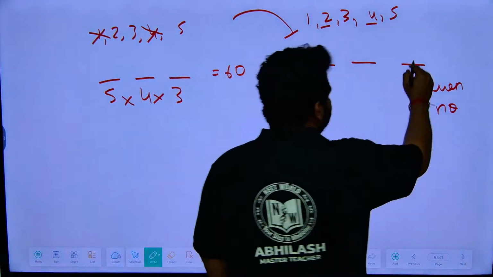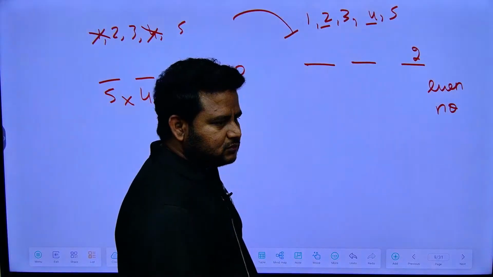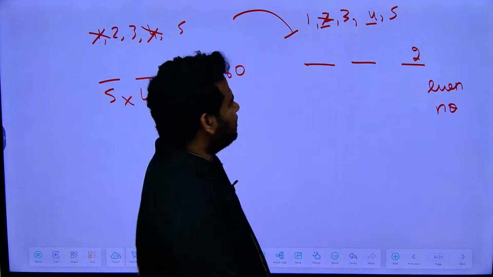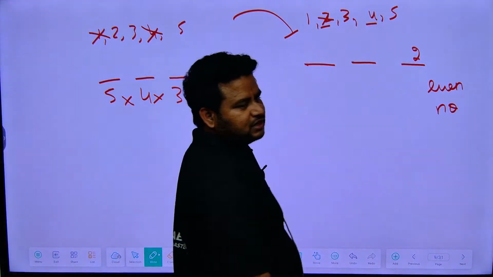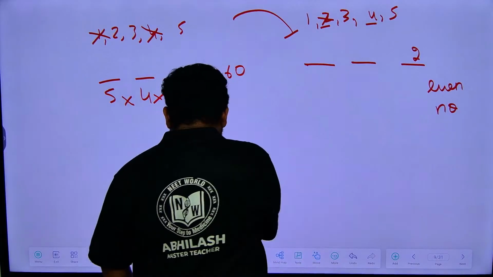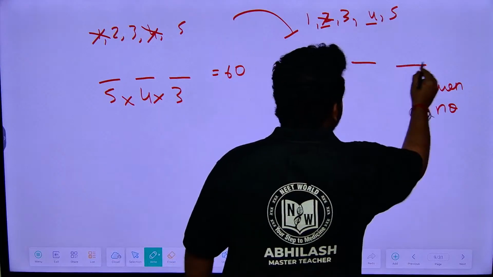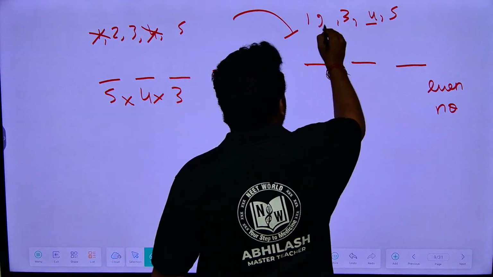Now, if I place 2 here, then how many numbers are there? 4. So, instead of placing 2 first, 1, 2, 3, 4 are there.